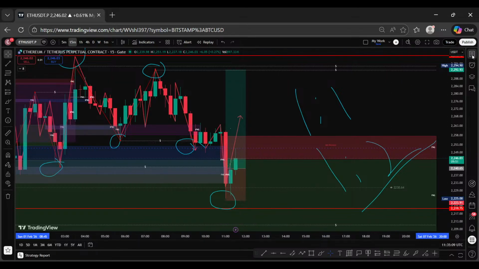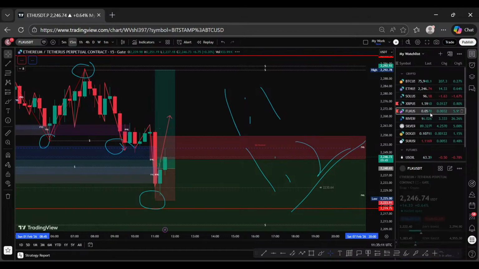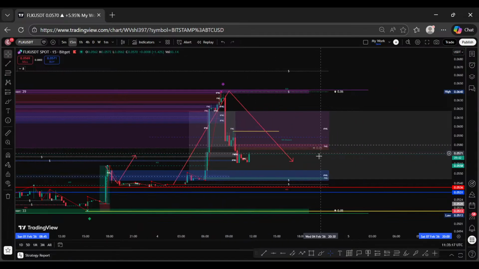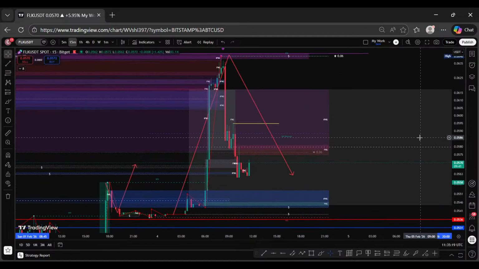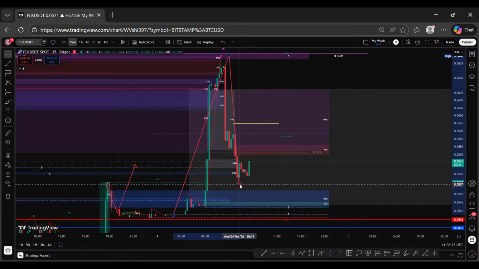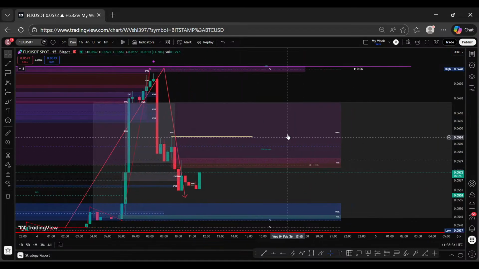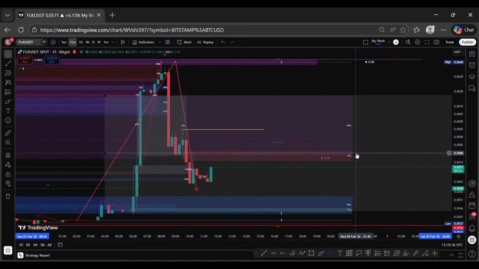So let's go and check one more time for the FLK. If you are good at spot trading, this token is for you guys. One more time it's making a bullish candle.